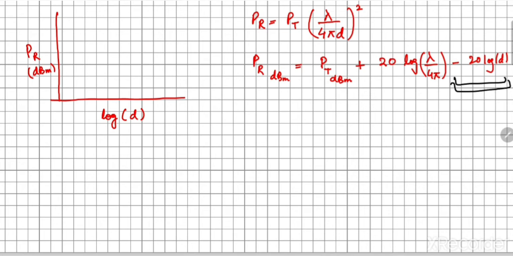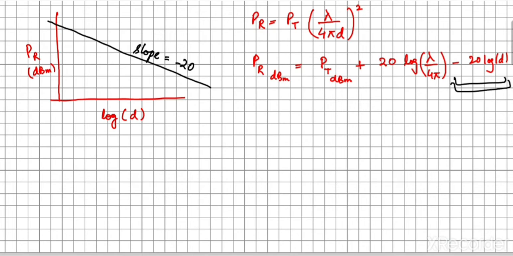That is to say, the slope of the line will be minus 20, and it will be a line that looks something like this. Slope equals minus 20. This is the path loss model for free space.